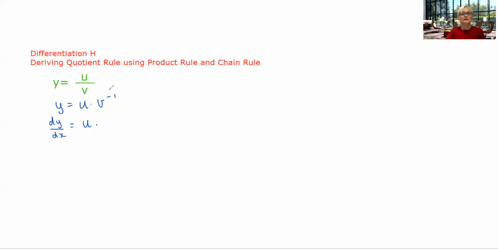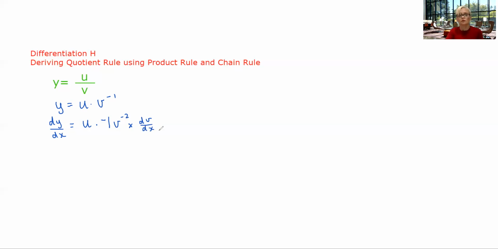Now, derivative of second thing, we're going to get -1v to the -2, right? But we're also going to have to multiply by dv dx, because v is actually a function of x.